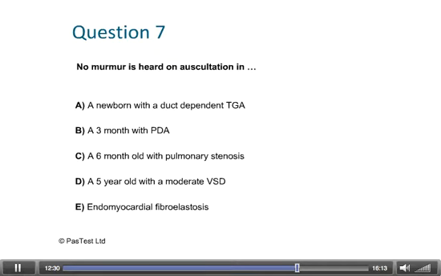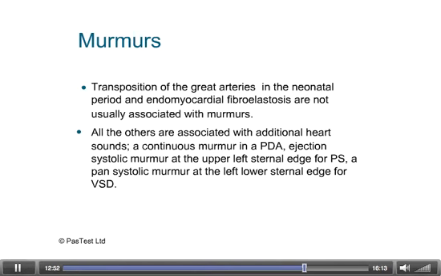Question 7. No murmur is characteristically heard on auscultation in the following conditions. Transposition of the great arteries in the neonatal period and endomyocardial fibroelastosis are not usually associated with murmurs.